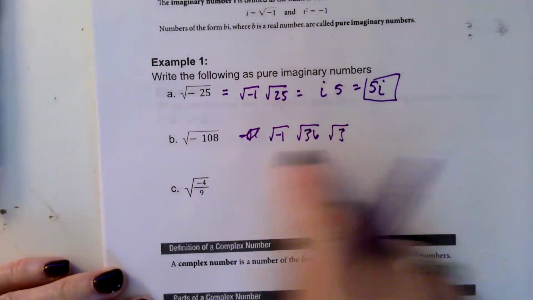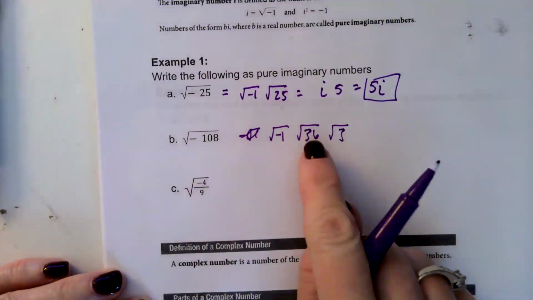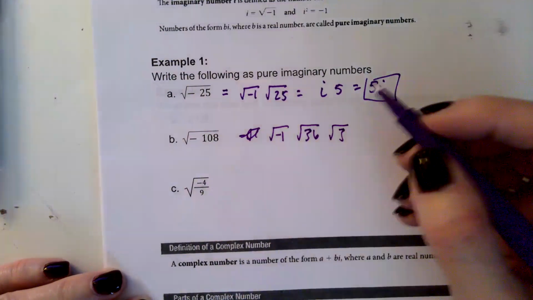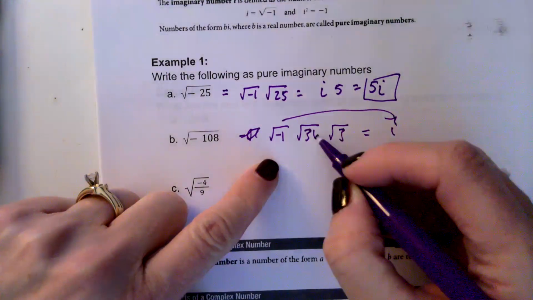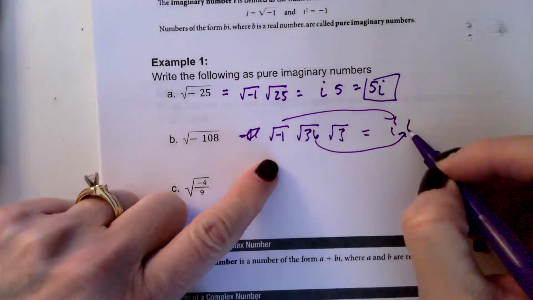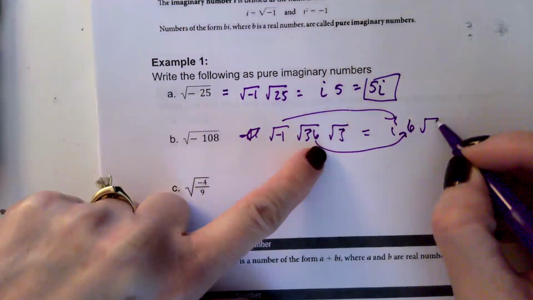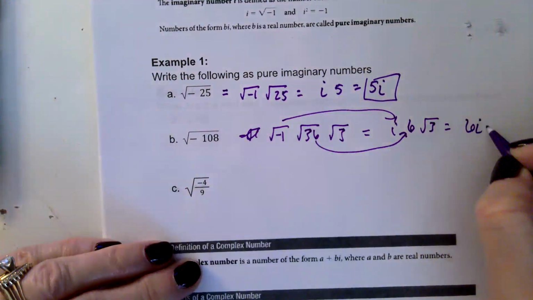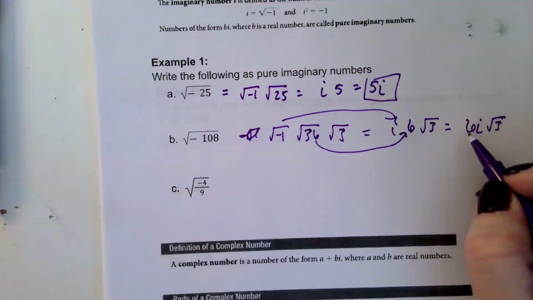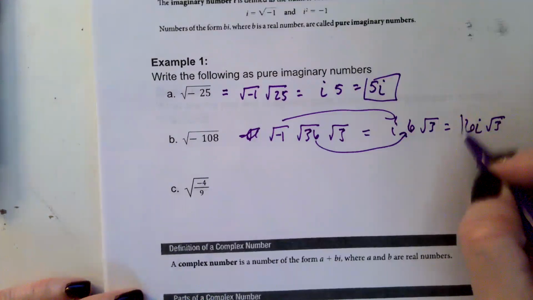I just looked for factors of 108 that were perfect squares, and 36 is one of them. So that gives us i, 6, and that stays the square root of 3. So this simplifies as 6i times the square root of 3. The real portion comes out in front, and the i goes in front of the radical.